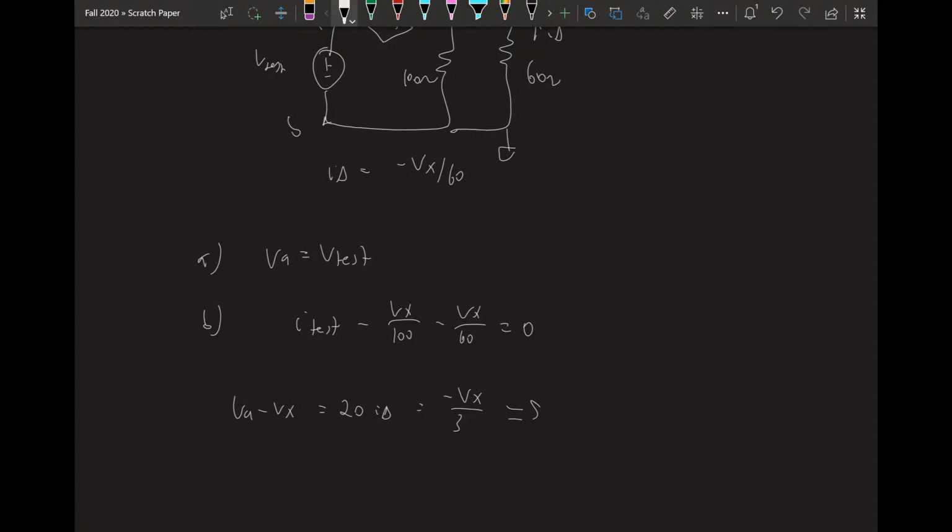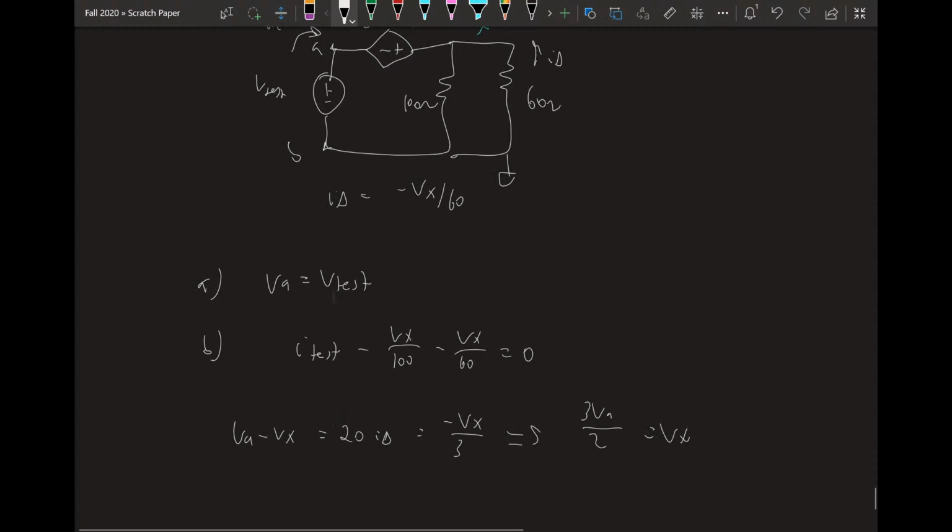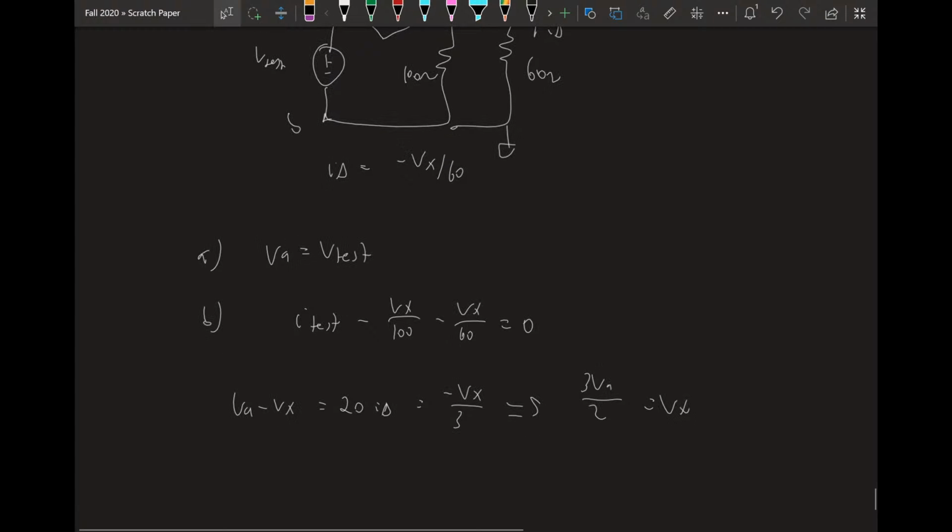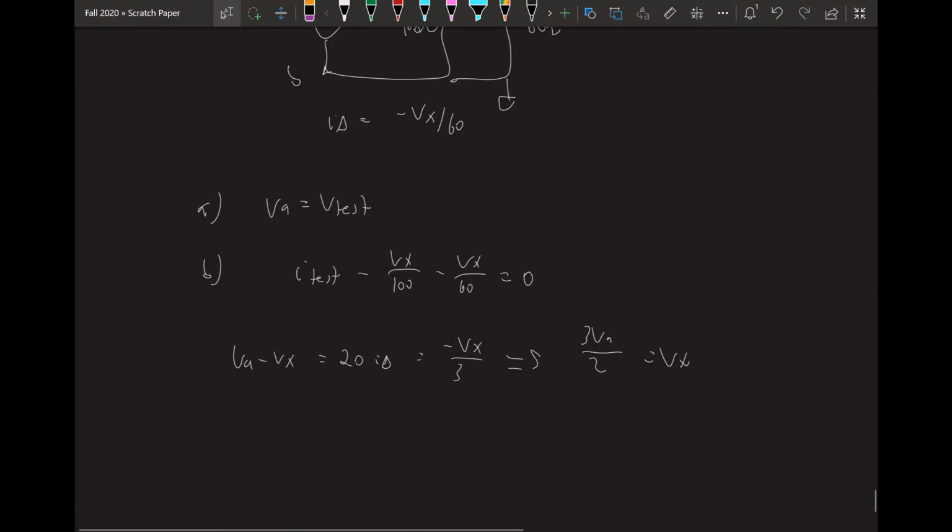And when we solve this, we get that 3 VA over 2 equals Vx. Plugging in to our node equation at node X. Sorry, this is actually our equation for node X, right? Where we define B as ground. That's my bad.